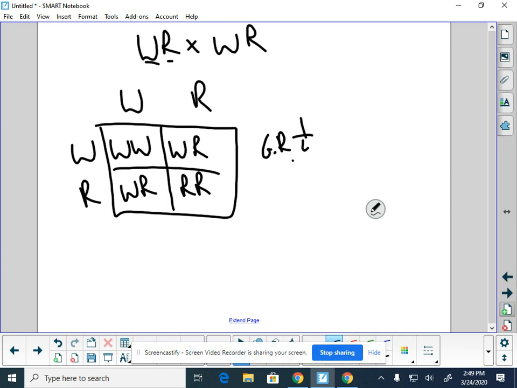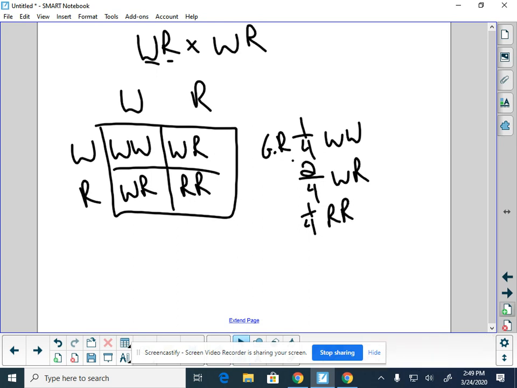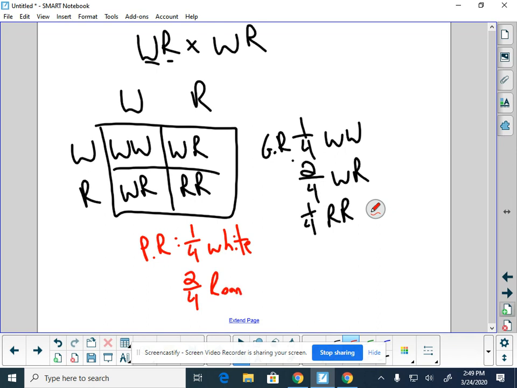This time it's 1/4 WW, 2/4 WR, and 1/4 RR. And we have to show the phenotypic ratio. 1/4 of the offspring are going to be white, 2/4 of the offspring are going to be roan, and 1/4 red. So that's 2 examples of how incomplete or codominance works.